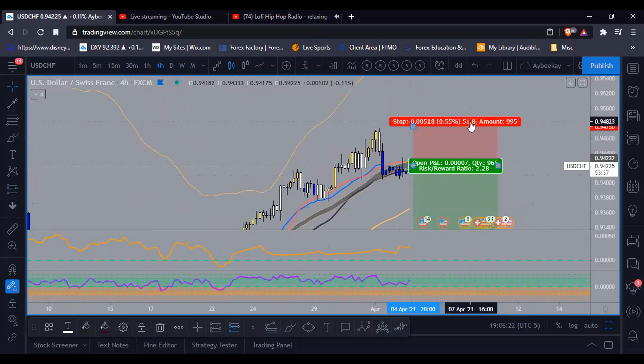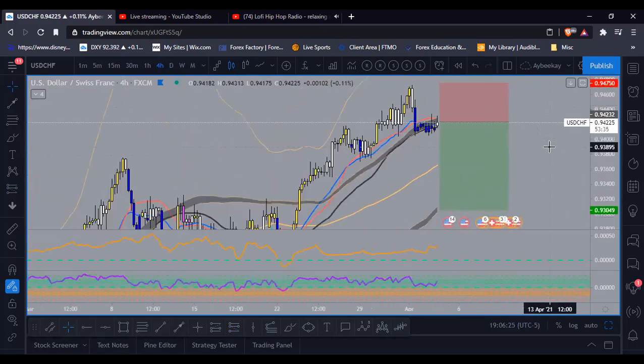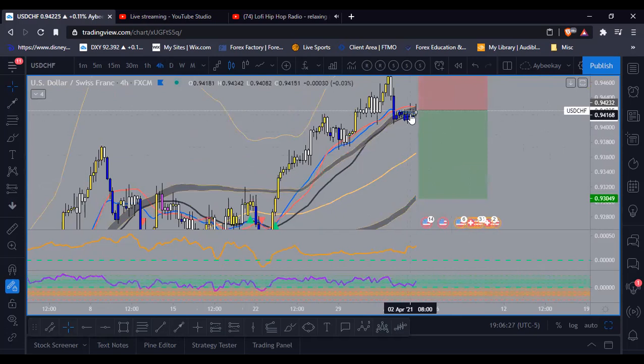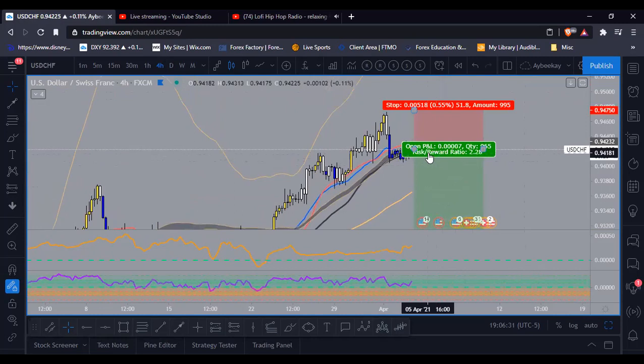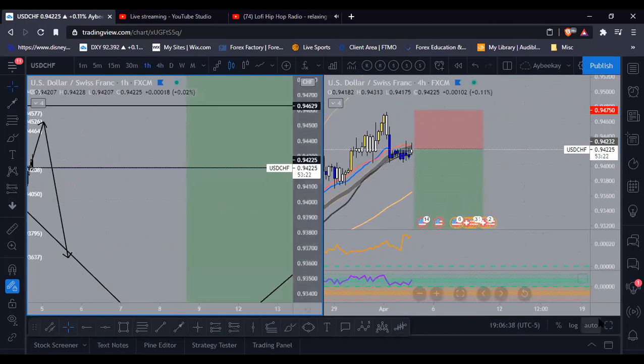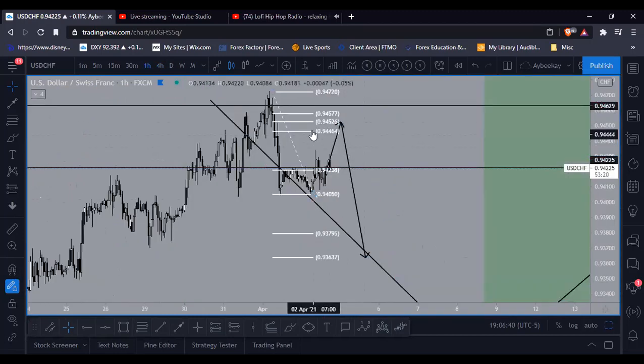So this is a 51 pip stop loss, but this is one single trade that I'll get into where rather than waiting for that retracement and then a sell, I'm going to go ahead and get into this for me personally. But then again, this possibility right here of price pushing up to 0.94526 exists hardcore.